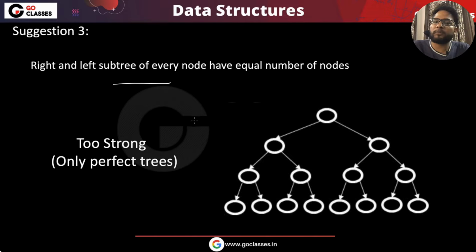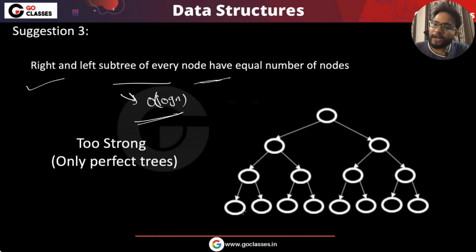I have to go for perfect trees if I am following this condition. It is okay to give you order of log n height, but it is too strong. I want some lighter condition which gives me order of log n height, and my condition should not be too strong.